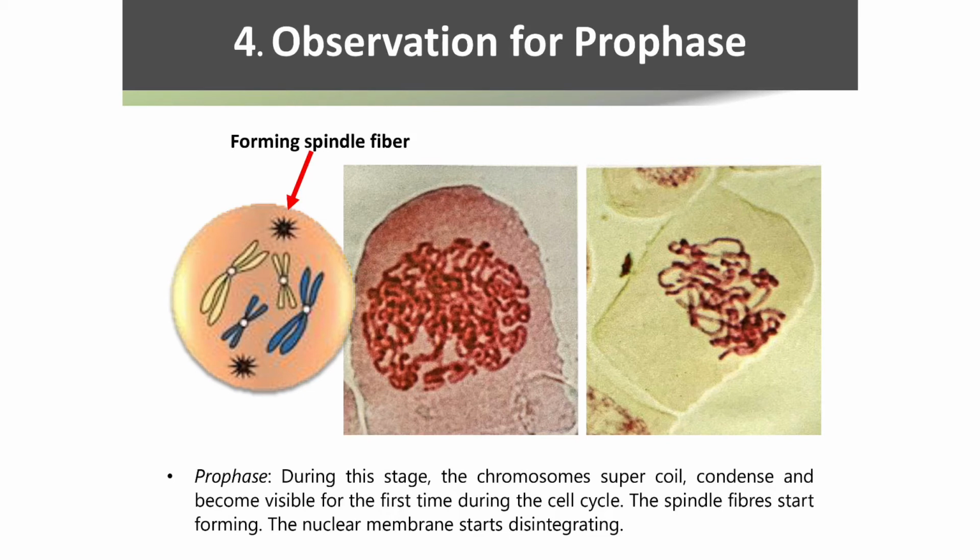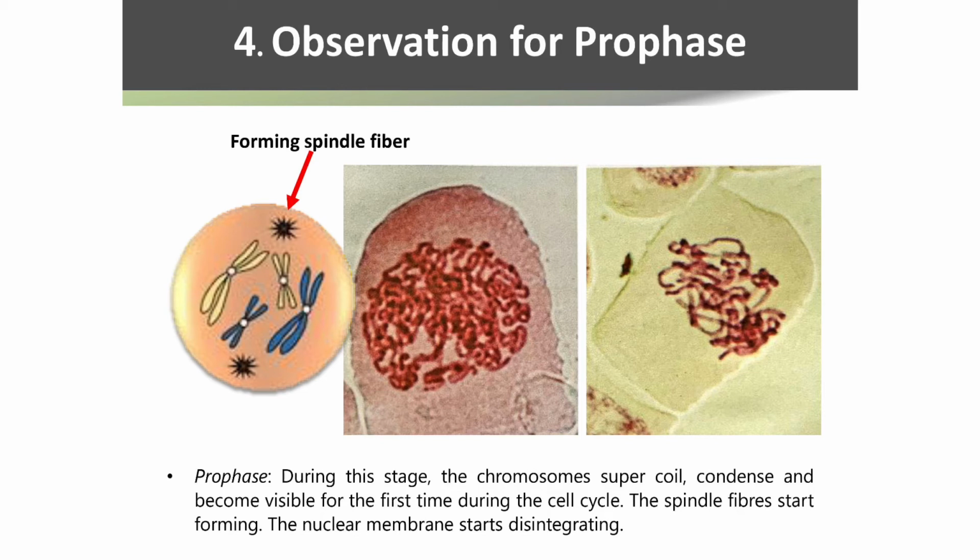Following the interphase, this stage is called prophase. During prophase, the chromosomes supercoil, condense, and become visible for the first time during the cell cycle.